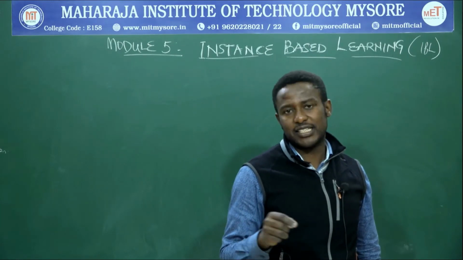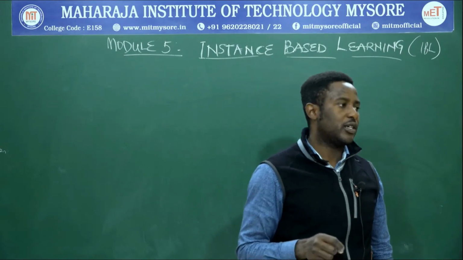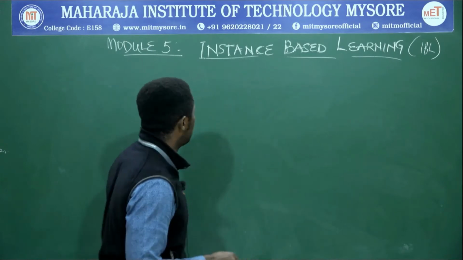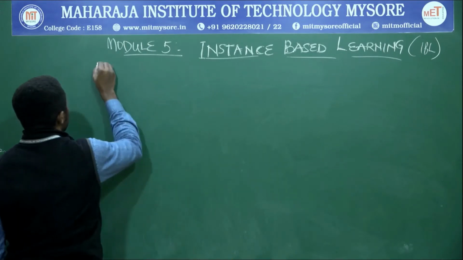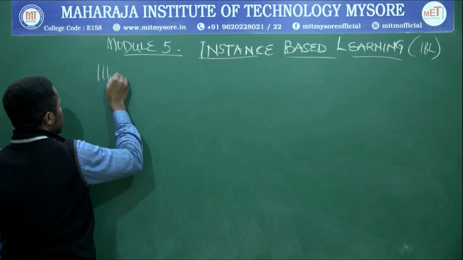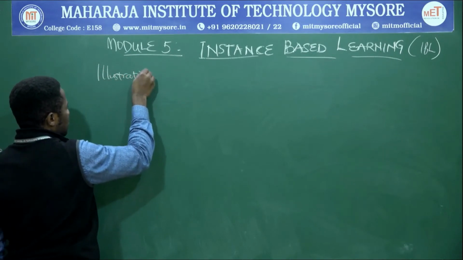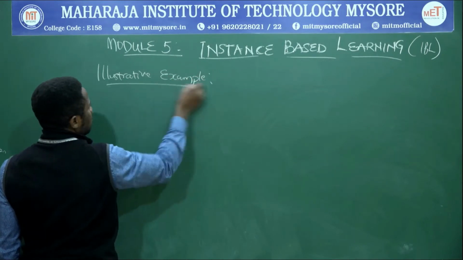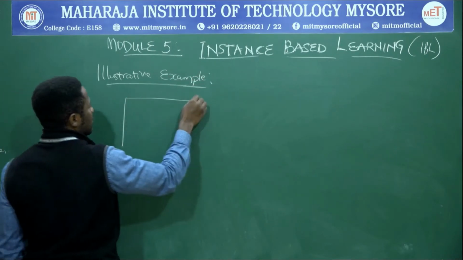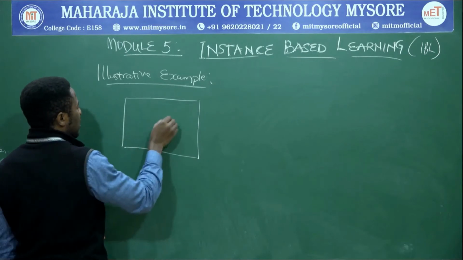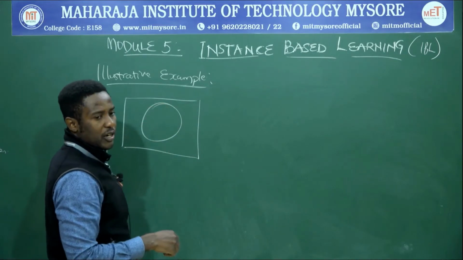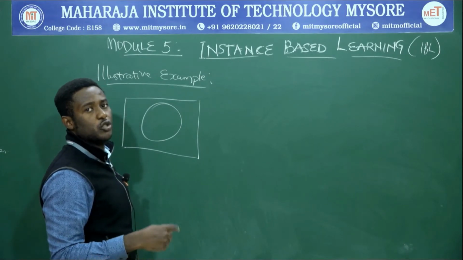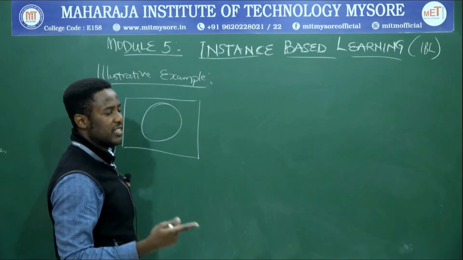So we take your classical example. Why don't we draw it now? We have some points, so the points will look like this. An illustrative example. Let's say we have to classify whether this point belongs to the positive or the negative instance.